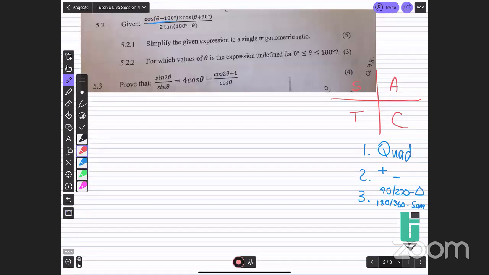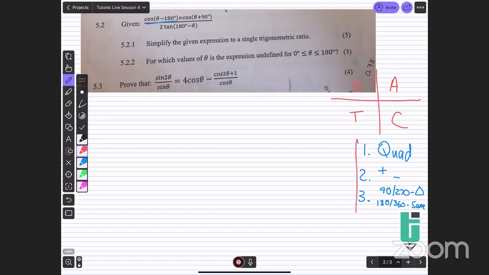Who's going to do that one for me? Amara, can you do cos theta minus 180 for me? Okay, I'm doing it now. So follow the steps, okay?